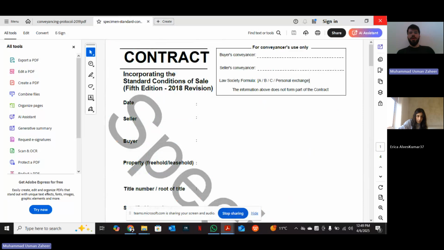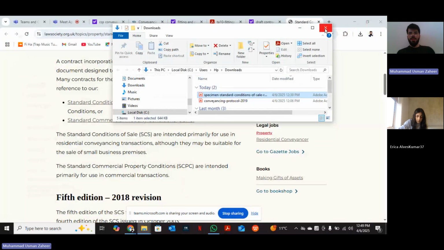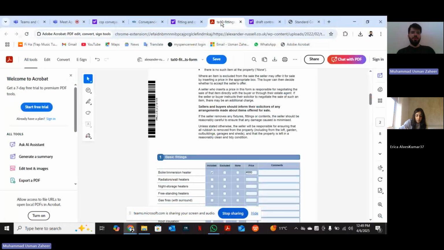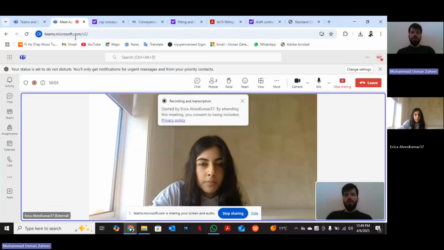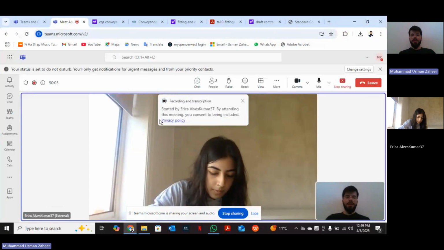So basically, with that, you have prepared the contract pack. Now, this contract pack needs to go with your letter on your letterhead saying that, number one, you need to identify the property address. You need to identify who the parties to this transaction are, so it would be the seller and the buyer.